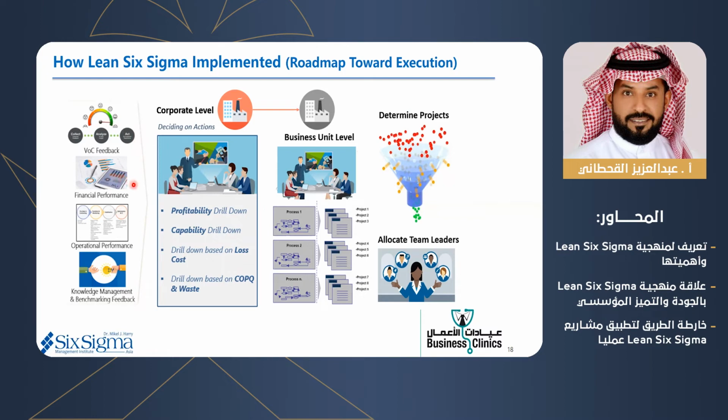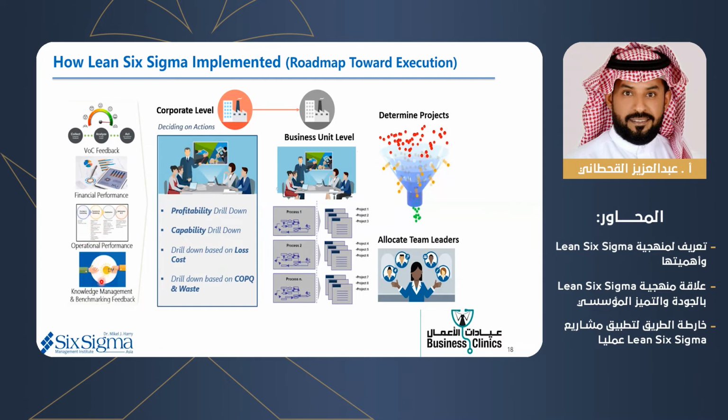Also, another source is the financial performance. Let's say we observe a financial performance, we observe the highest cost, or we observe a problem in the finance reports. From there, we can take this problem and turn it into a project. Also from the operational performance, for example production, or benchmarking.